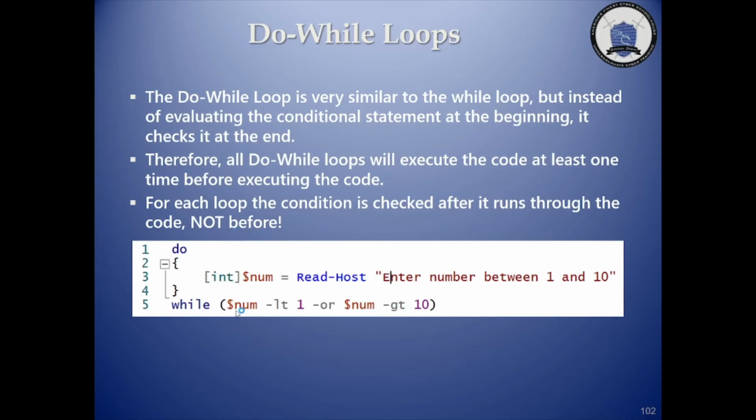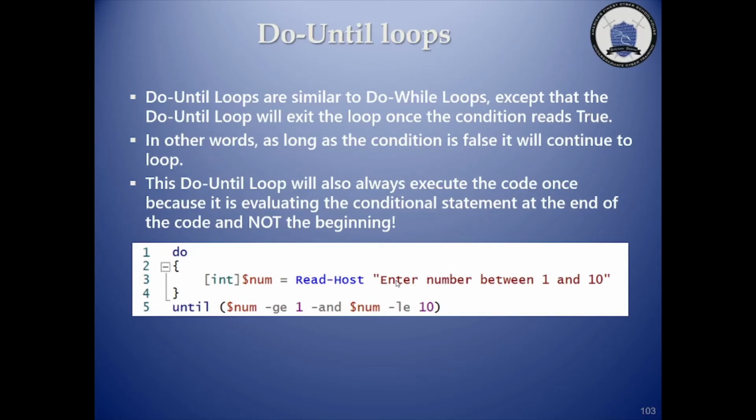Because the condition is at the end here, it's always going to run this loop at least once. It's always going to execute the code inside here at least one time, and it's going to continue to run through this until the condition at the end is met. So again, do while loops will always run at least once.